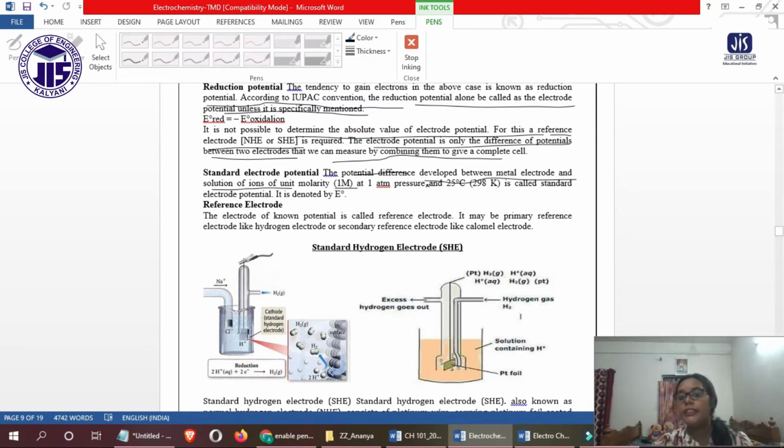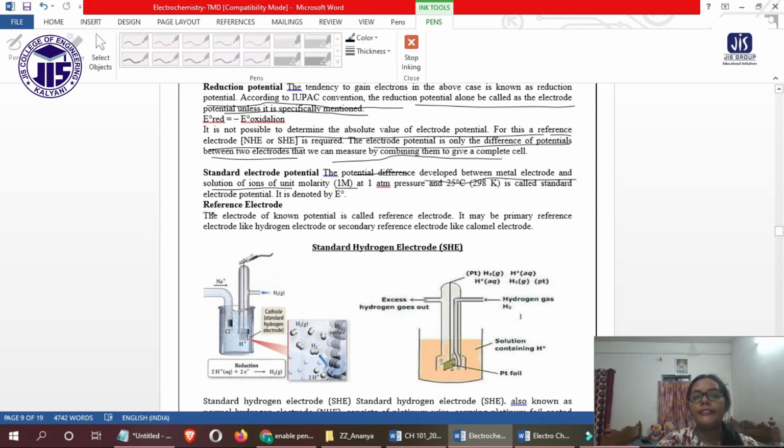It is the potential difference developed in a standard condition. What is the standard condition? The electrolytic solution will be 1 molar, the pressure will be 1 atmosphere, and obviously the temperature will be 25 degrees centigrade, or 298 Kelvin on the Kelvin scale. So this is called standard electrode potential.